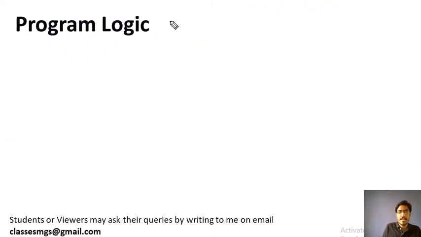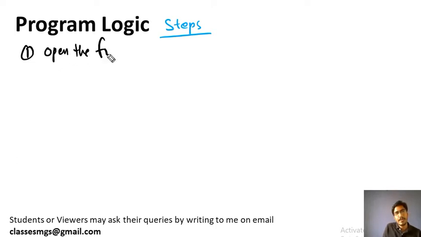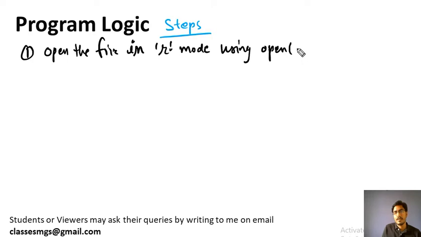So now we will write the steps. The first step is to open the file in read mode using the open method. What is the syntax of the open method?